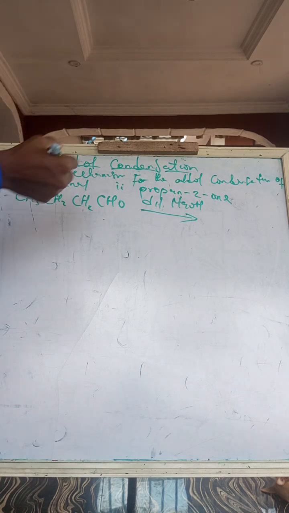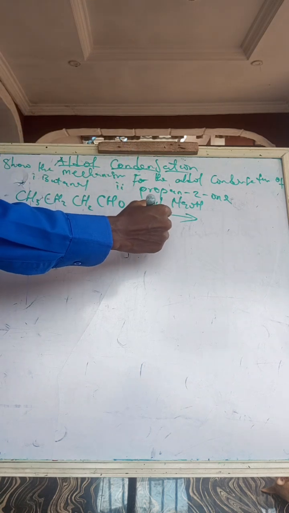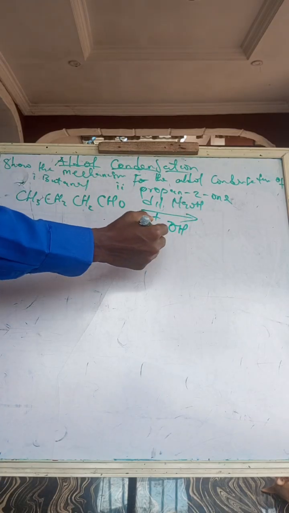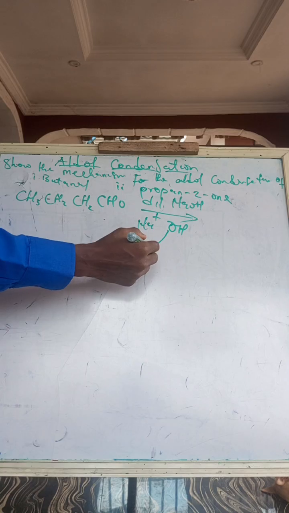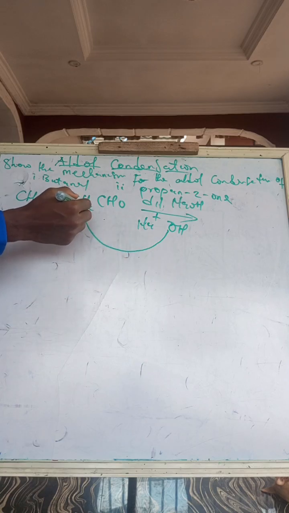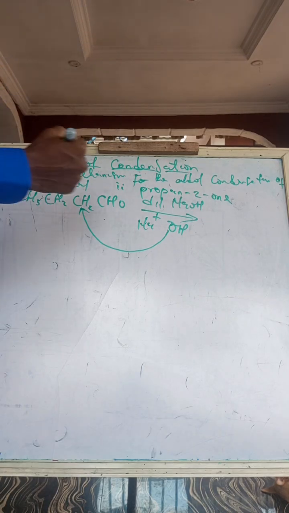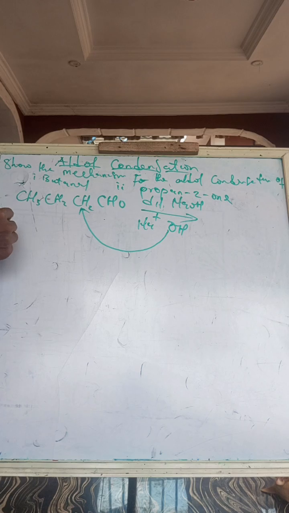So let's bring OH. We split our sodium hydroxide as usual, and we have OH minus. Then this OH minus attacks our alpha hydrogen at this point, which leads to deprotonation, and we are left with this.